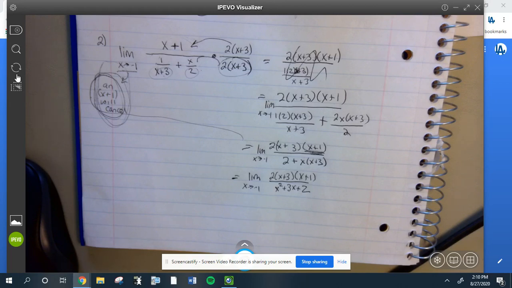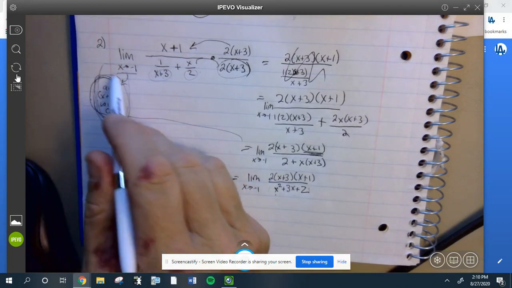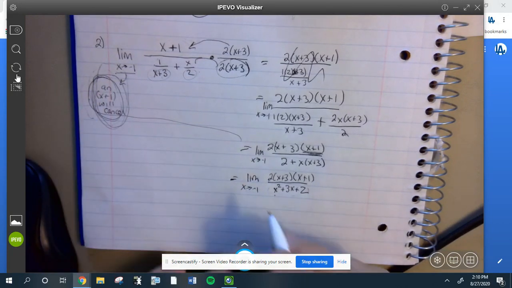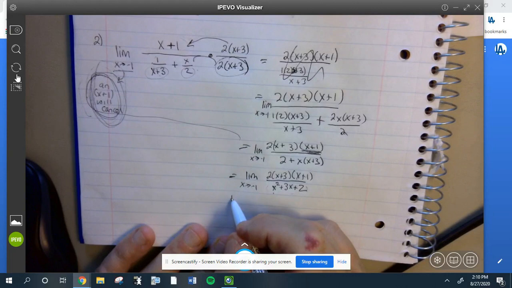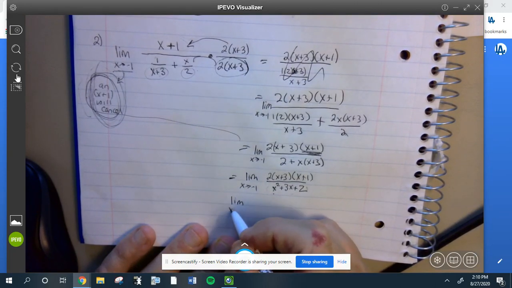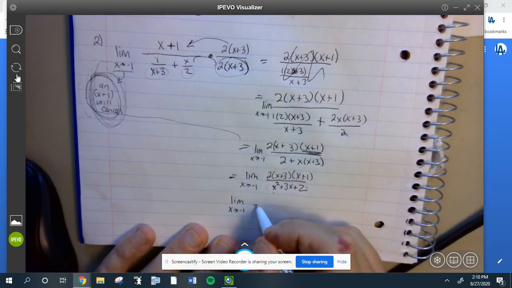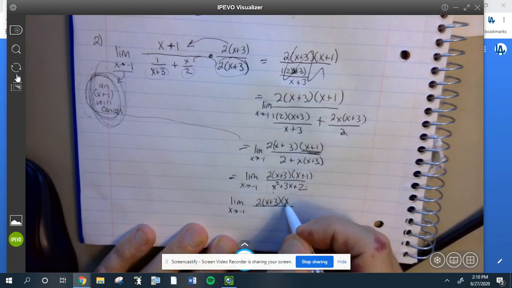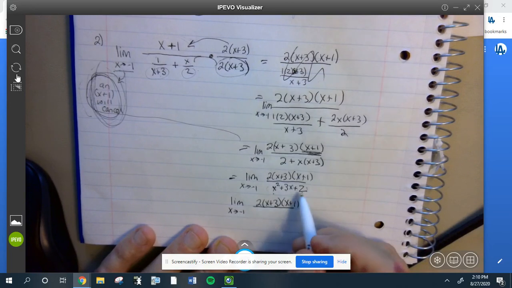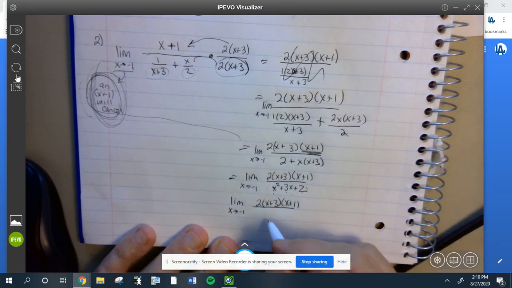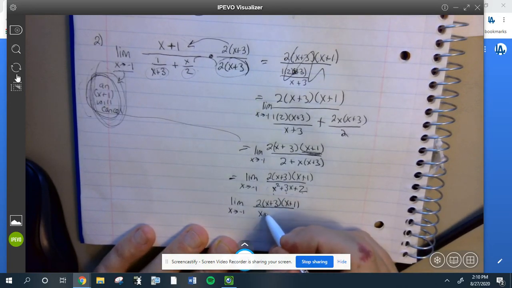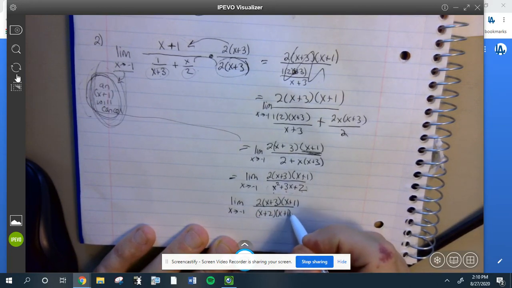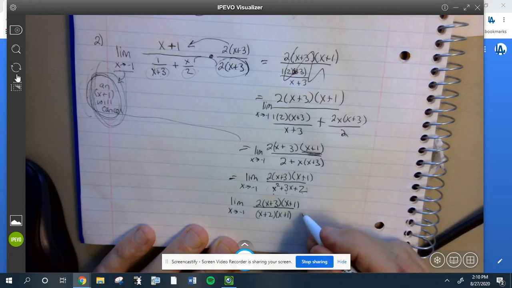Again, I guarantee you now that this factors and it will have an x plus 1. And as you know, it does. Factors of 2 that add up to 3 are positive 2 and positive 1. So x plus 2, x plus 1 cancel.